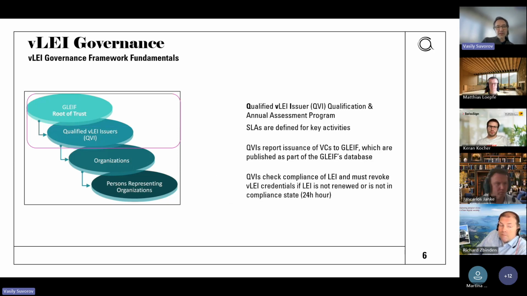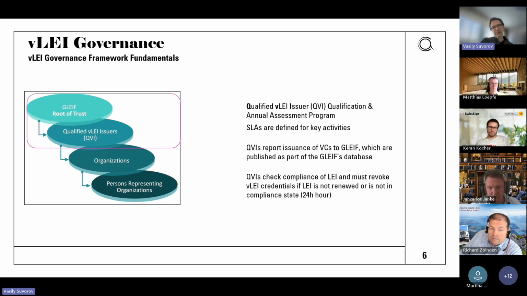Yeah, so now taking a look at qualified vLEI issuers, there is actually a very robust governance framework. I'll briefly show what it looks like and how this works. However, it's all online. It's a living document. You can all read what it is.